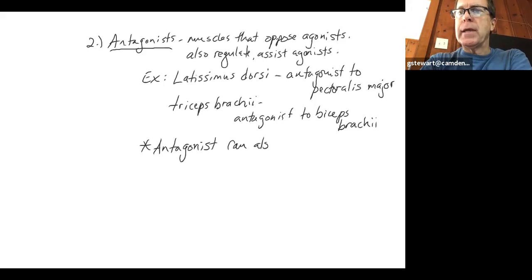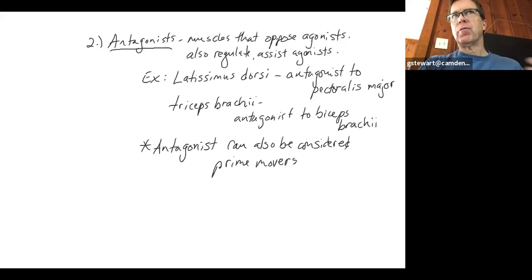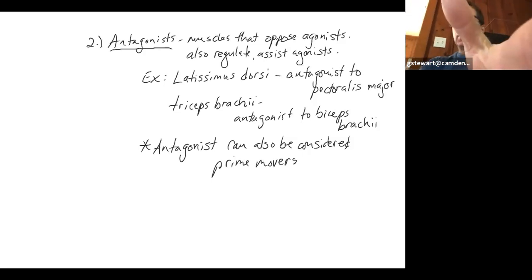They can also be considered prime movers. The easiest, simplest, in my opinion, way to learn this and remember it is flexion and extension. Those are two opposing movements. So if we just talk about opposing movements, it's easy to understand.